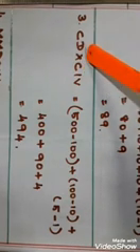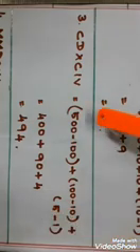So 100 minus 10. Here I, V. So 5 minus 1. Now 500 minus 100, 400. 100 minus 10, 90. 5 minus 1, 4. 400 plus 90 plus 4, 494.